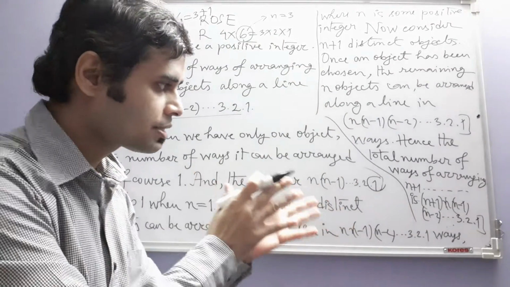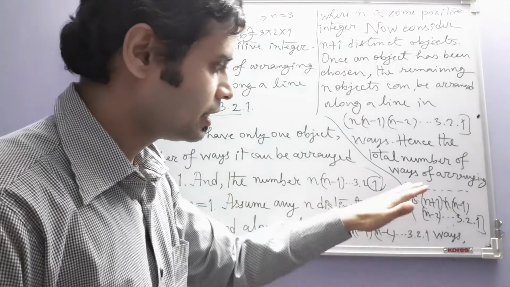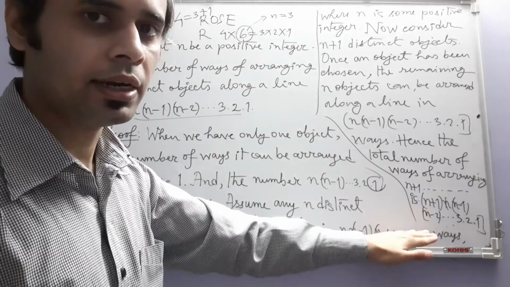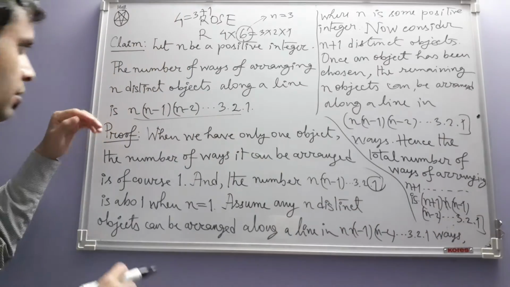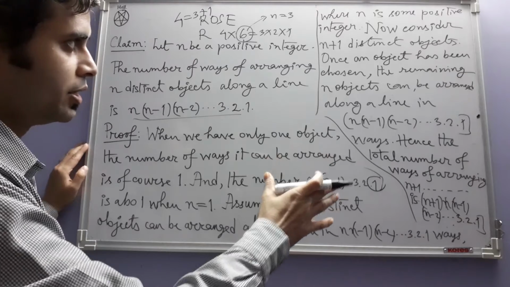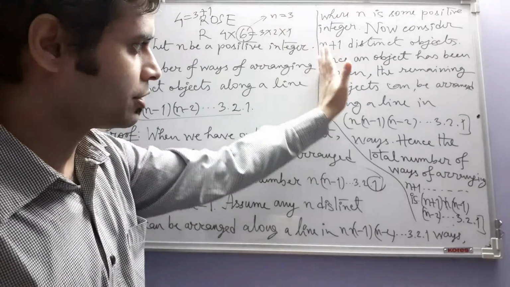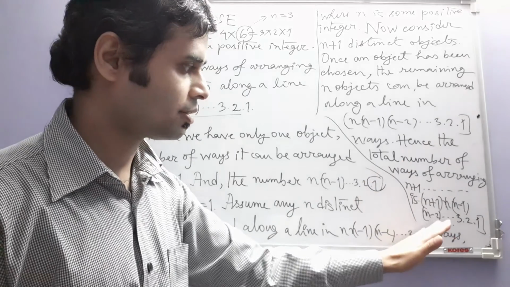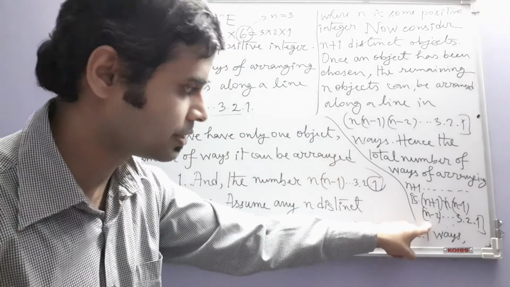So now what does this tell me? It tells us that we have completed the induction, because if we have n plus 1 distinct objects, by logic we have found that the number of arrangements of them along a line is this.